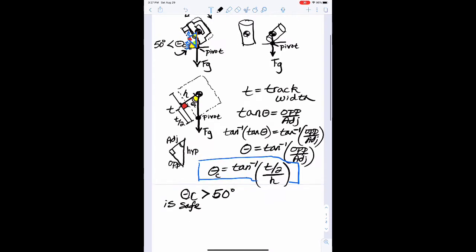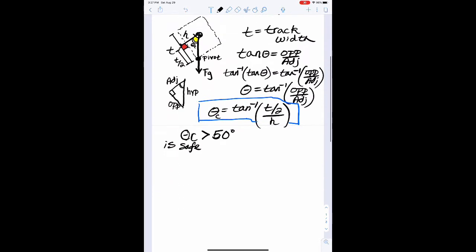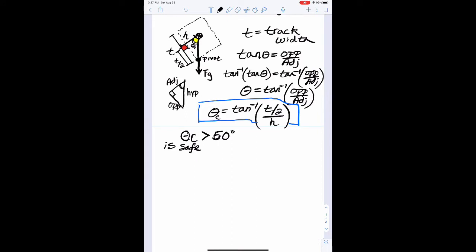Having a large critical angle is a safer vehicle because it's harder to tip over. The larger the angle, the further this yellow angle on the bottom can get before the car tips over. So we want a large critical angle for a safe car.